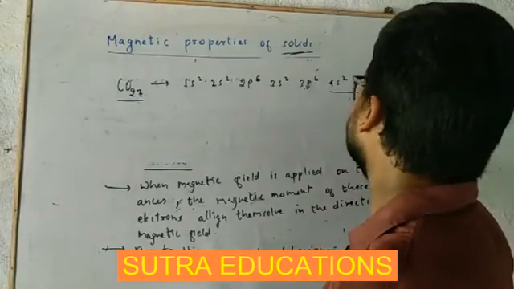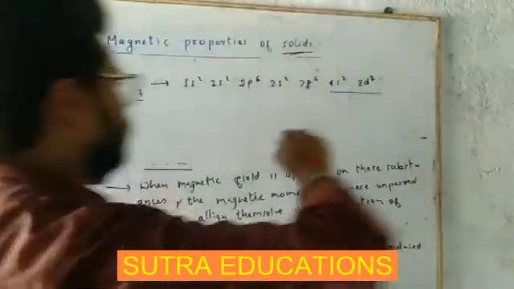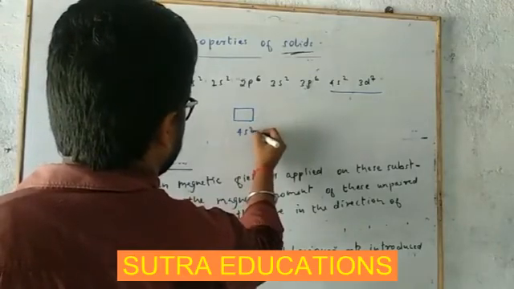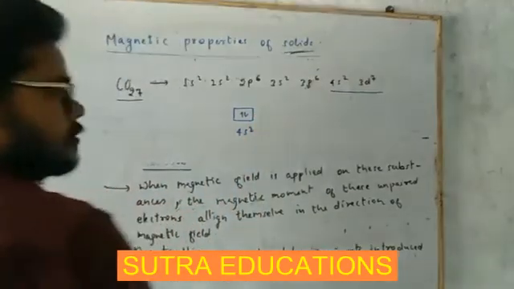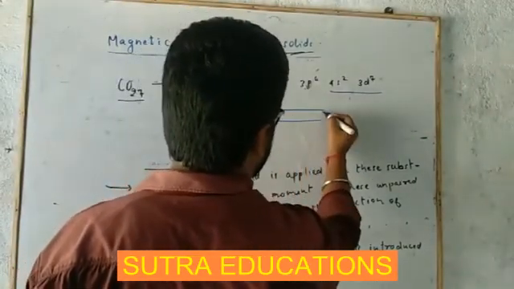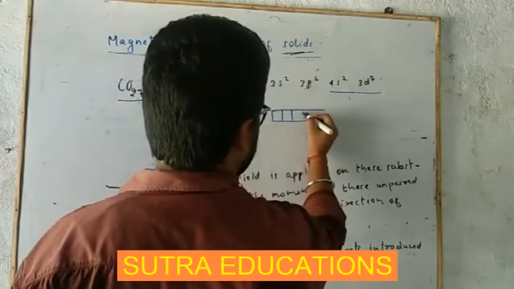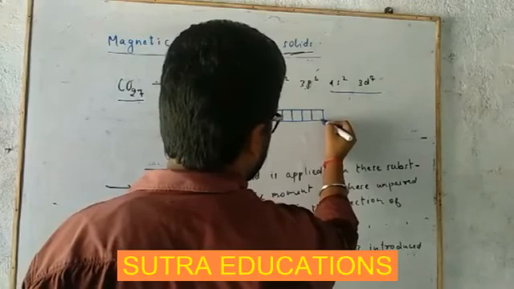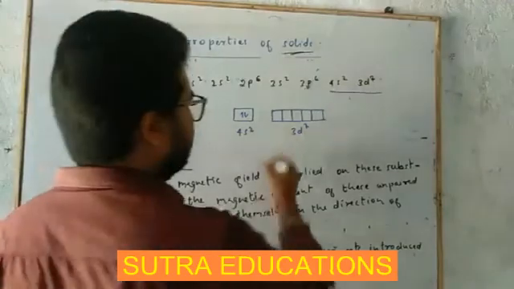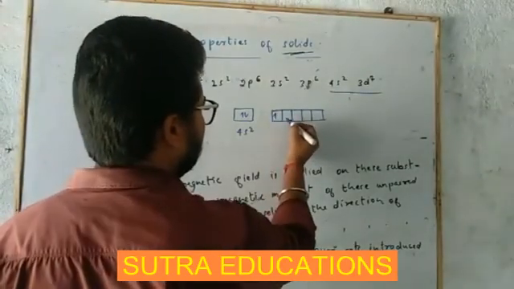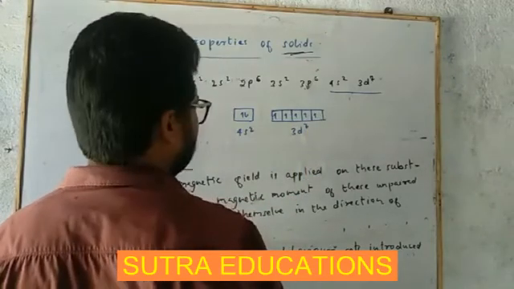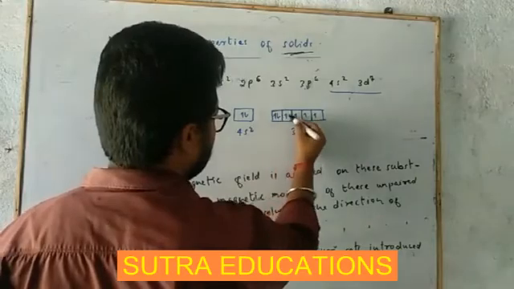So this is 4s2 and 3d7. 4s2 means 2 electrons are present in the 4s orbital. 3d7 means 7 electrons are there, and electrons are filled one by one, 1, 2, 3, 4, 5, 6, 7.